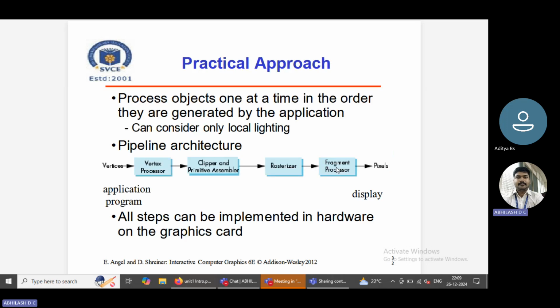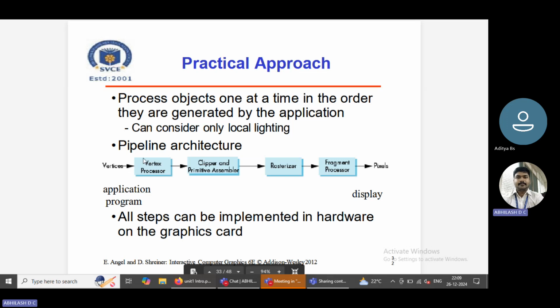Yes. So how does the approach go? The approach is quite simple. It initially starts with the vertices, right? And the important thing is all our television sets are digital, so they are filled with pixels. Pixel refers to picture cells, right? So we have the vertices.